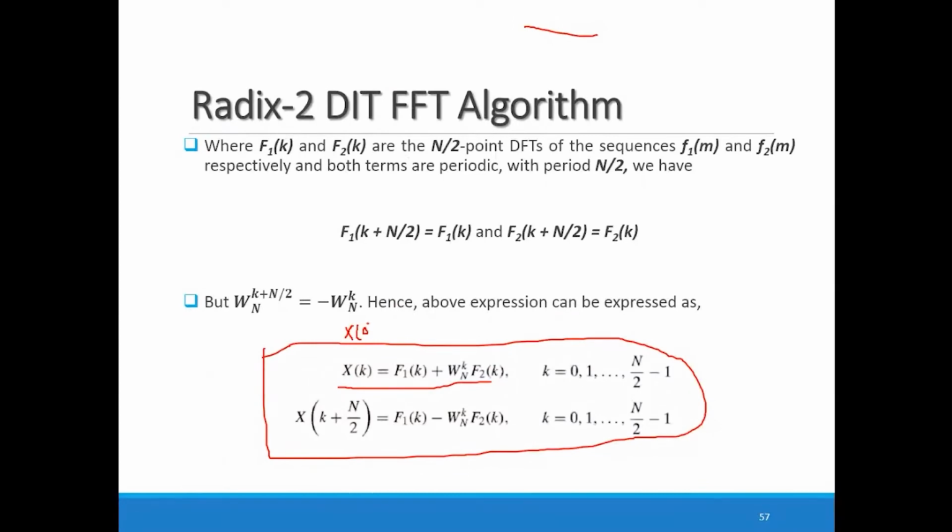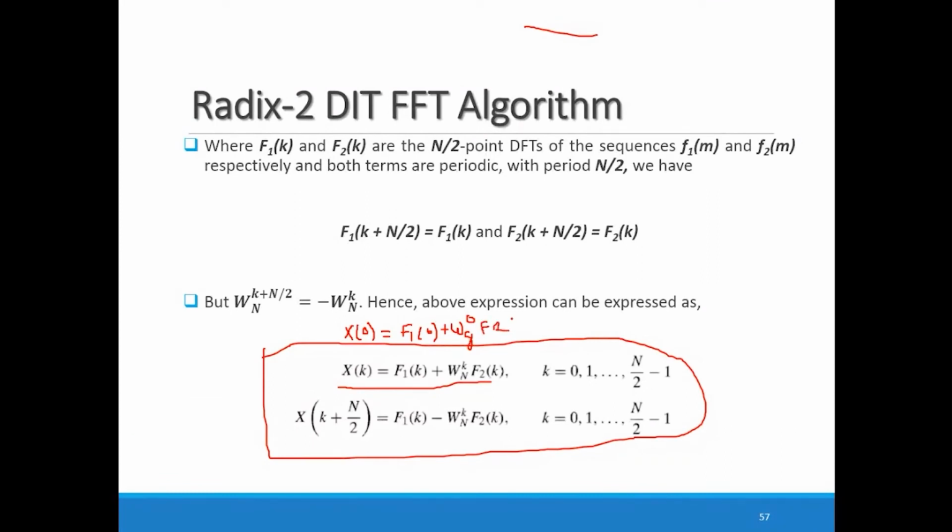To get x of 0, what do we require? We require f1 of 0 plus, suppose this is an 8-point DFT, so n remains the same, the value of n is 8, and the value of k is 0, and f2 of 0.